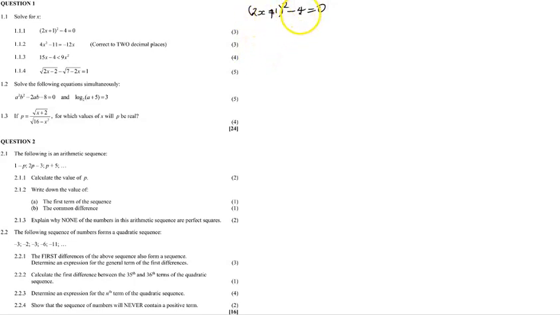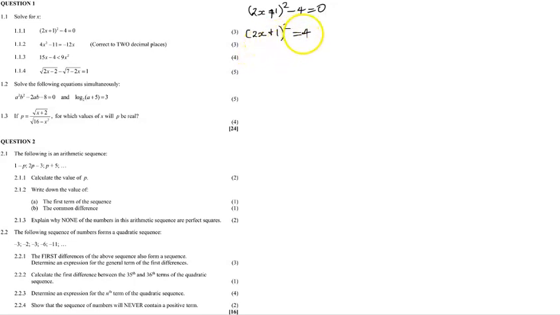So let's just do the simple one, which is transposing the negative 4. So we'll be having (2x + 1) squared equals 4.